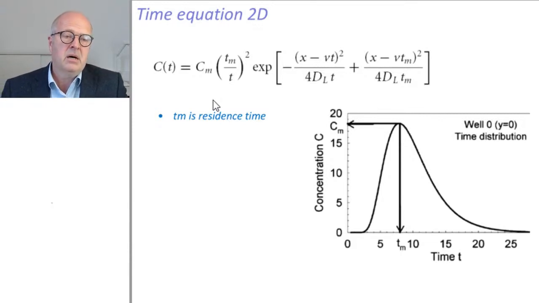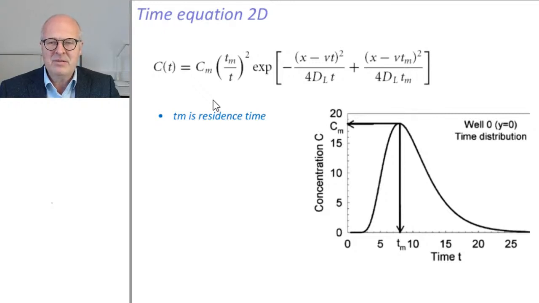Before we do that, we can also say that we just want to know the time equation. So this is a simplified equation just giving you the scaled time dependency. We can do this by defining a residence time of the system, which is the average travel time, which is simply calculated from the volume per flow.